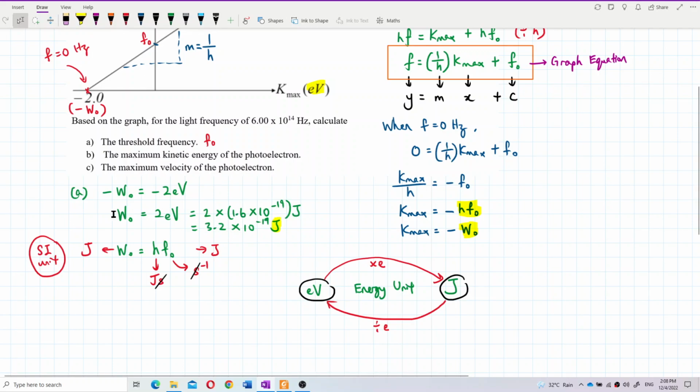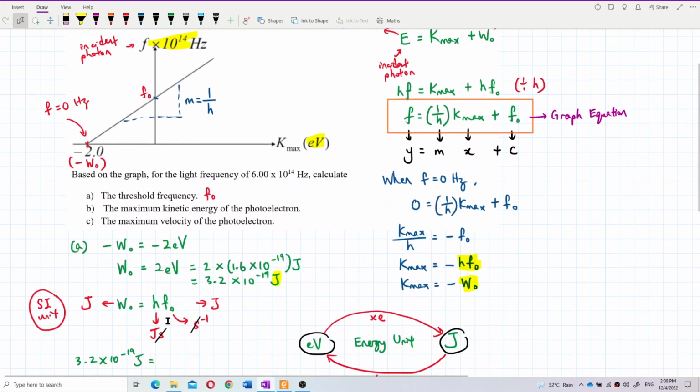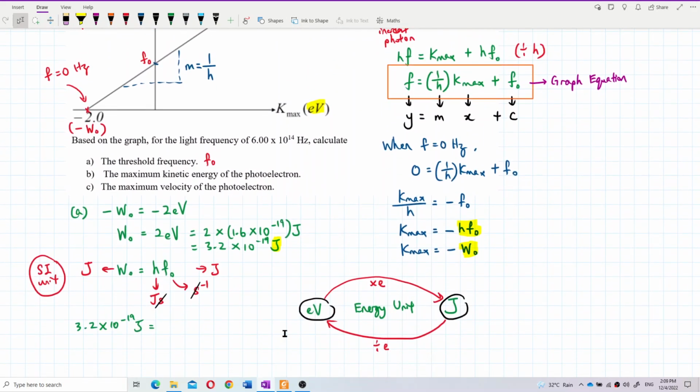Now only after you have the work function in SI unit joule can you substitute into this equation. Let's substitute. The work function is 3.2 exponent negative 19 joule. What is the h value?